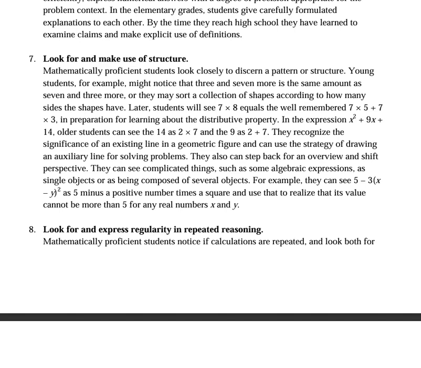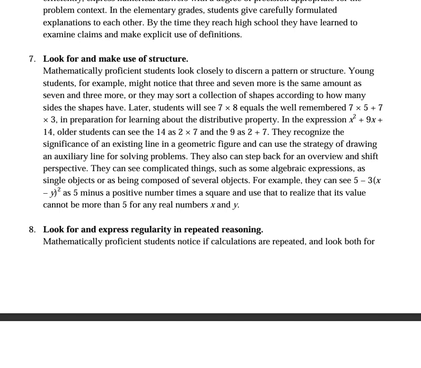Mathematically proficient students look closely to discern a pattern or structure. Young students, for example, might notice that 3 and 7 more is the same amount as 7 and 3 more, or they may sort a collection of shapes according to how many sides the shapes have.